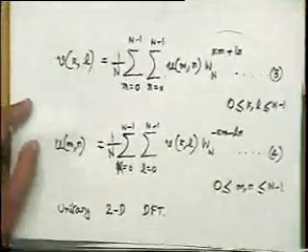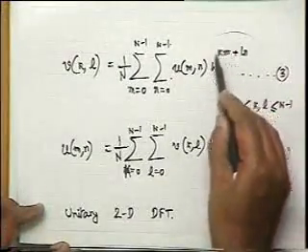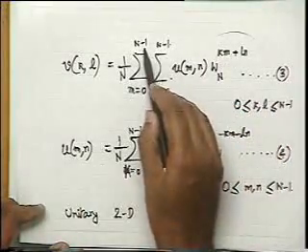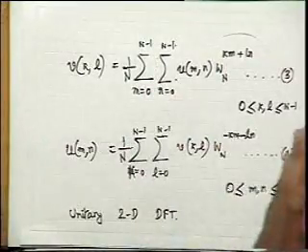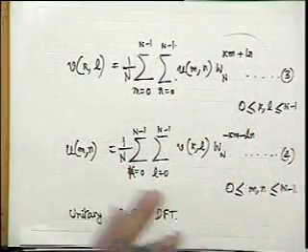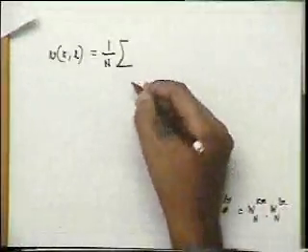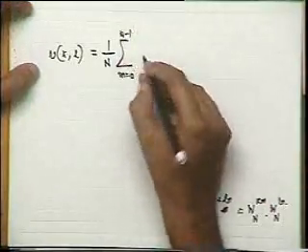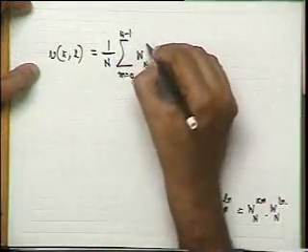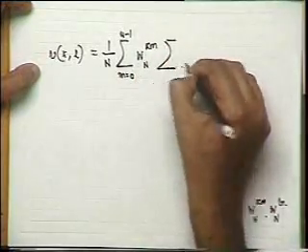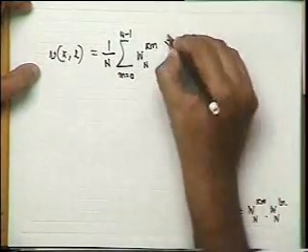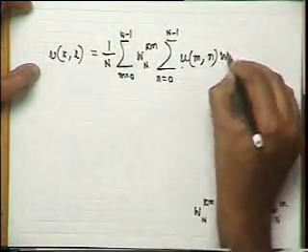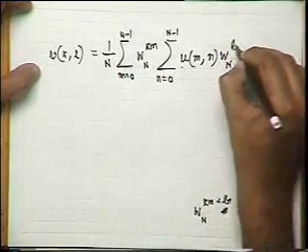So I will take this W_N to the power Km term out and club it with the summation m equal to 0 to N minus 1, and the rest of the terms I will simply keep as they are. That means I will write summation m equal to 0 to N minus 1, W to the base N Km, and then summation n equal to 0 to capital N minus 1, U of MN, W to the base N Ln.